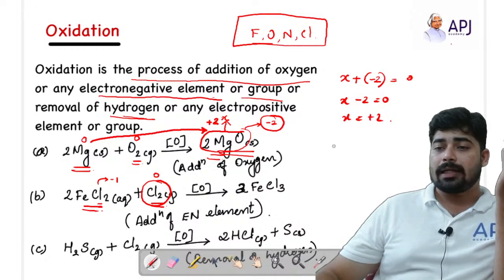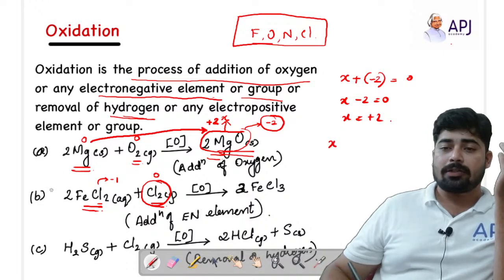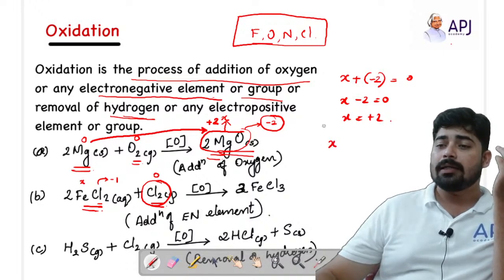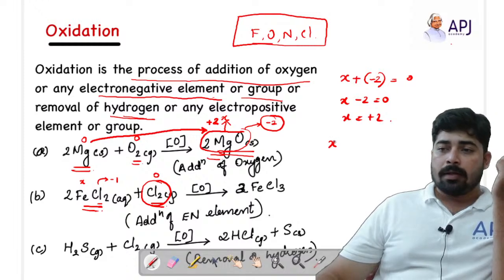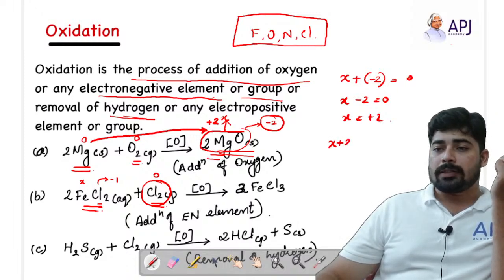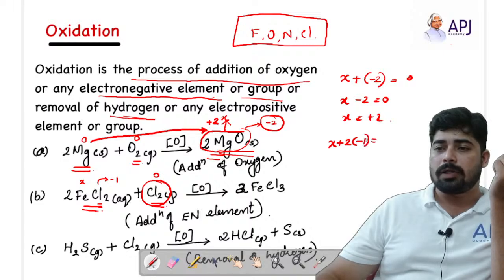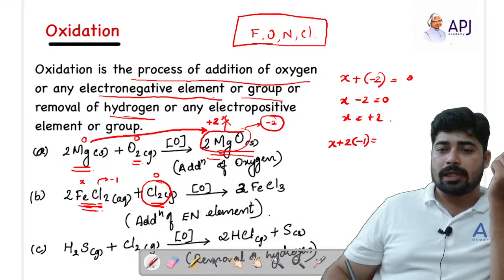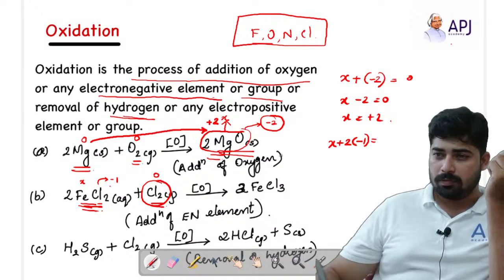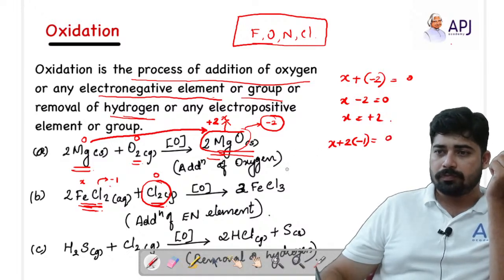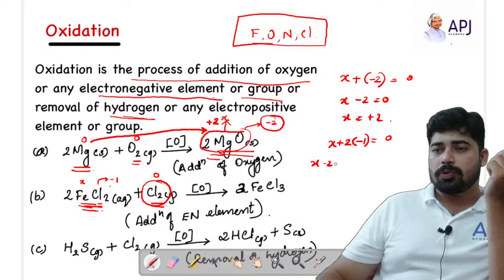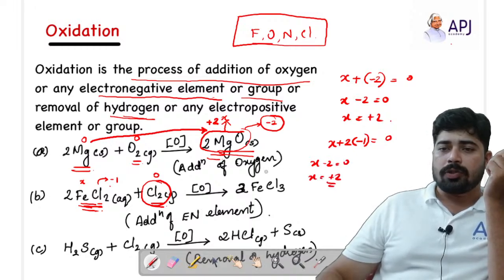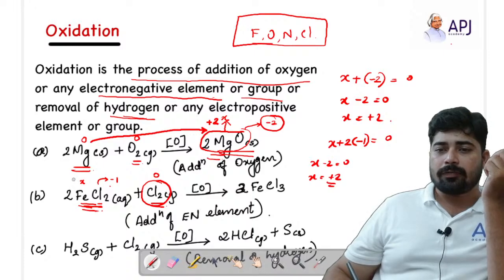So take X as the oxidation state of iron, and X plus 2 chlorine, with oxidation state -1, is equal to the charge on the molecule. There is no charge on the molecule, so it is equal to 0. So X minus 2 equals 0. That means X is equal to plus 2. So here the oxidation state of iron in FeCl2 is plus 2.